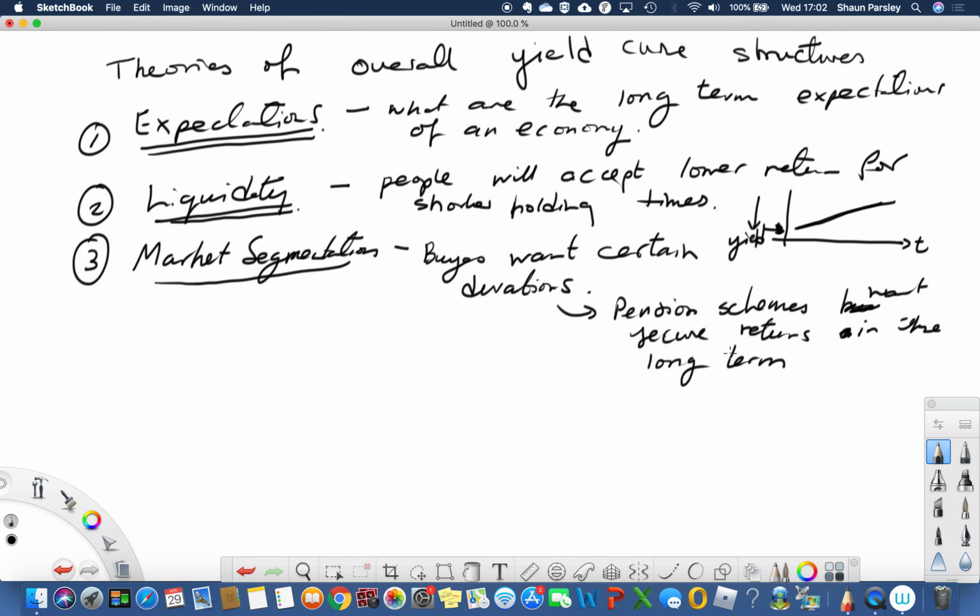So when they're looking at their likely liabilities in 40 years, they're going to try to look for government bonds and things like that if they exist, and therefore they'll create demand there and reduce the yield. So what that would do to this curve is sort of flatten it or turn it down a little bit.